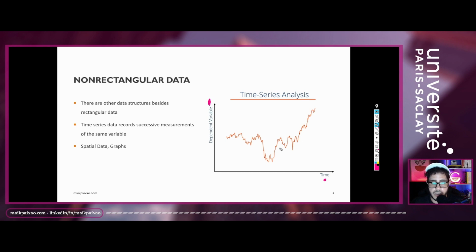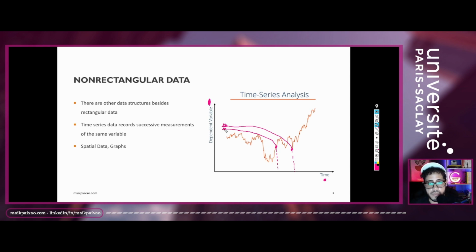So if we pinpoint some data point here, and maybe another data point here, we can see that these data points contain the same dependent variable, right? They may assume different values depending on the moment that we are analyzing. Because of that, time series data cannot be considered a rectangular data structure.